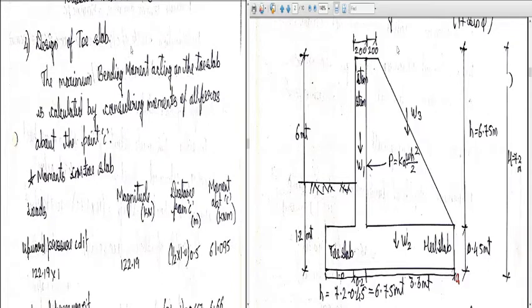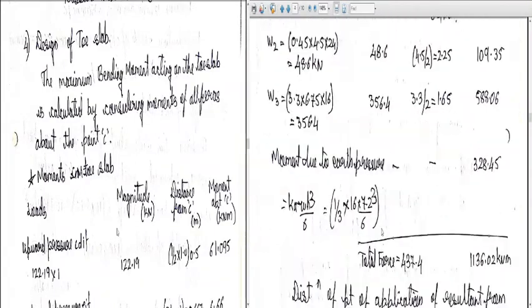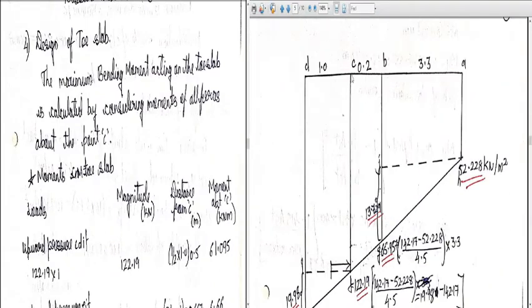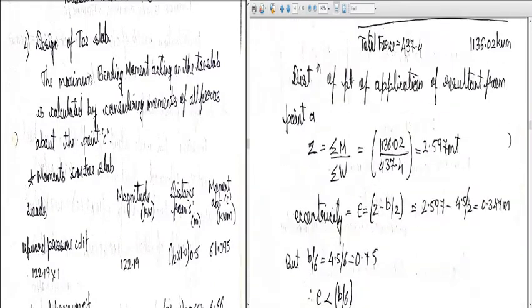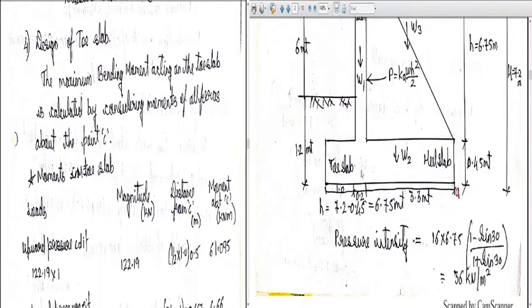So the maximum bending moment acting on the toe slab is calculated by considering moments of all the forces about the point C. Now I will take you to the pressure distribution diagram. About C means at this point. So if you see in the diagram here, point C is at this point.